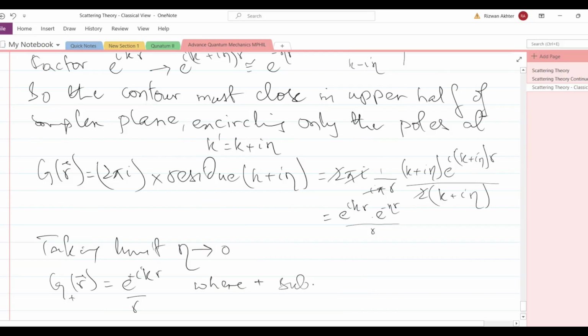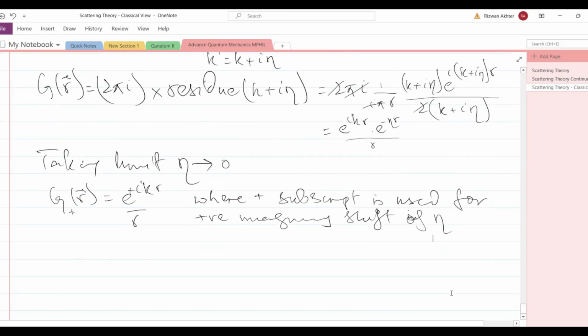Where plus subscript is used for positive imaginary shift of theta.